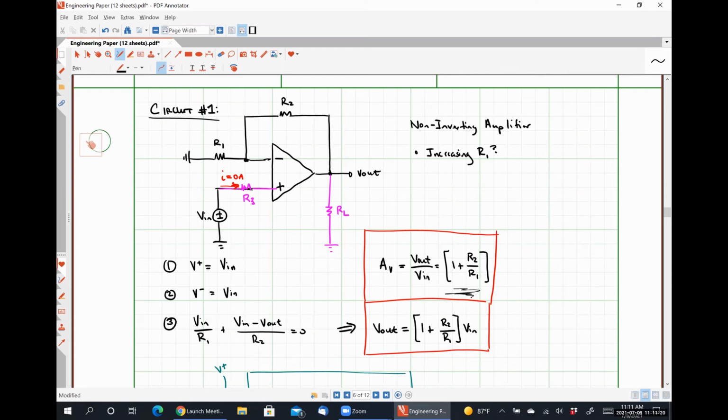No. The larger that R1 gets while everything else is held constant makes the voltage gain smaller. Decreasing R1: if we make R1 smaller, does the voltage gain go up? Yes.